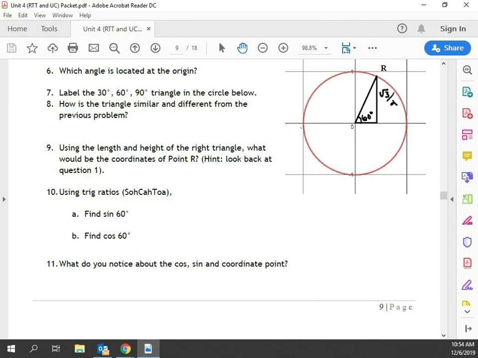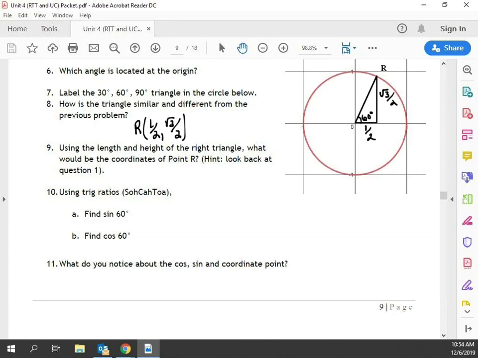What was root 3 over 2 is now 1/2. Because we're looking from the 60-degree angle mark. So the coordinates for R are going to look exactly like the coordinates of P, except they're going to be flipped. Oops, I think I put that in the wrong spot, but you get the idea.